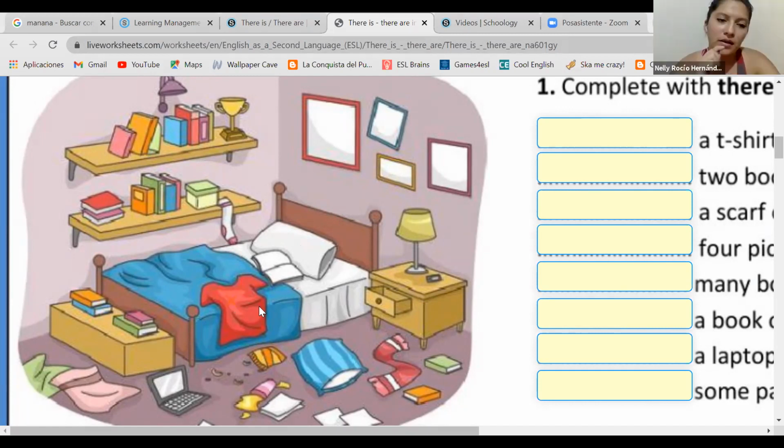There are a lot of books. Okay. All right. Hold on a second, please, Nelly. I'm having an issue right here.